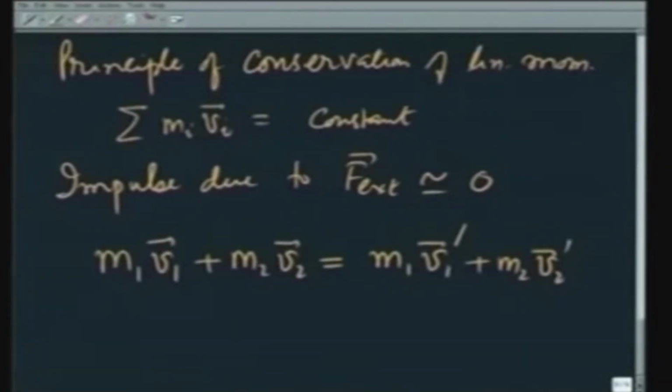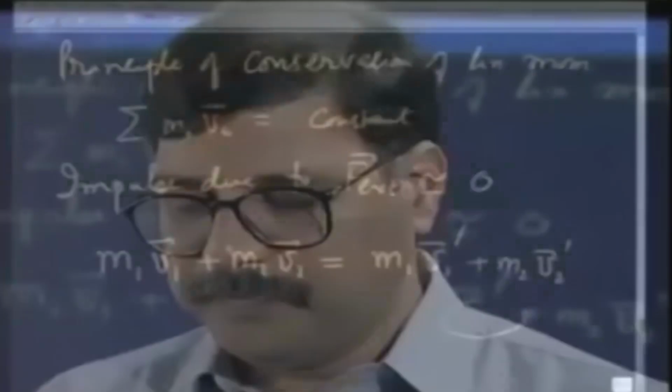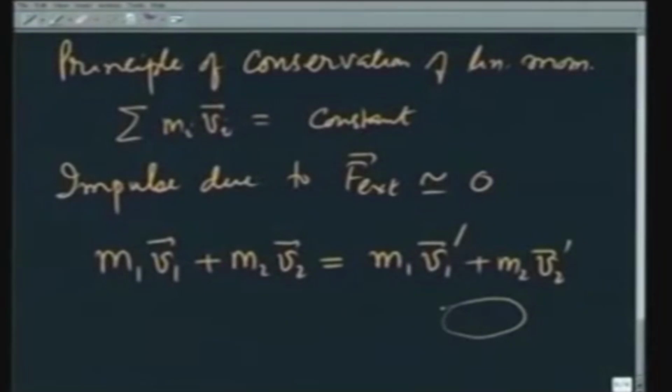If there is external force, I can always take care of that by adding terms here, but for simplicity we are ignoring it right now and assuming that the interparticle force is really much larger than this.